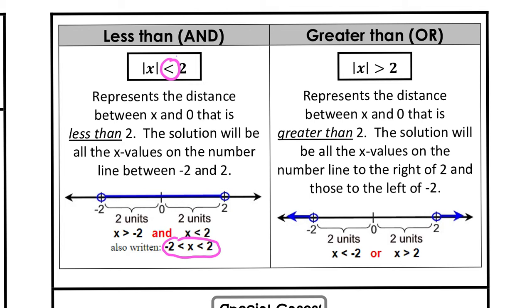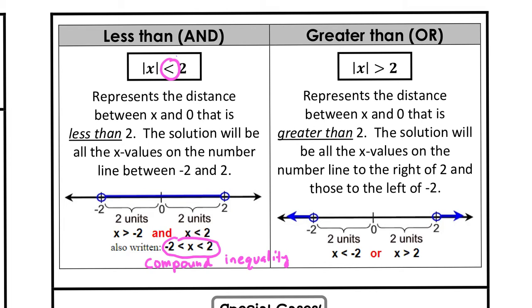This is called a compound inequality. And so basically you're looking between two numbers. So this is just saying that you're looking between the numbers negative 2 and 2. But notice that you have to have the less than symbol twice here. So if I'm looking between two numbers, it's because I have a less than symbol. Okay.